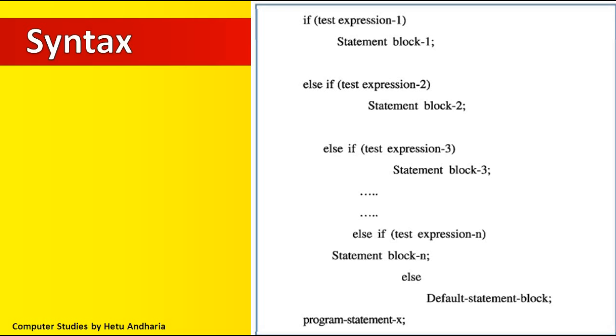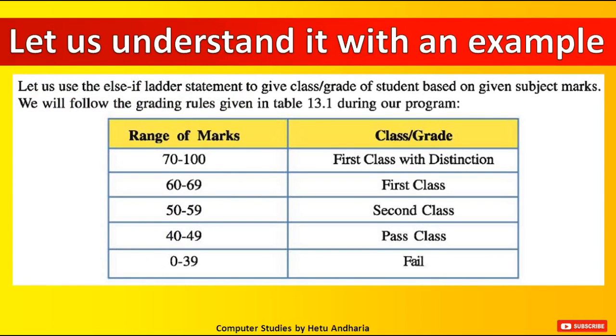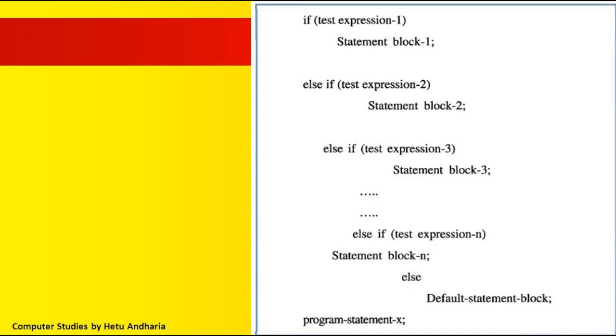In our example we can put here the condition: if marks are greater than or equal to 70 and less than or equal to 100, then first class with distinction.